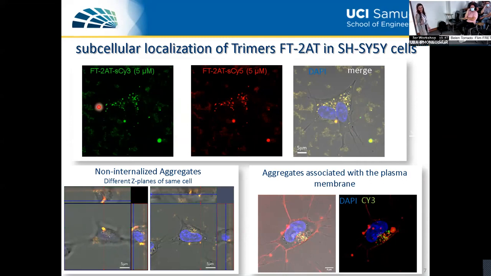After that, we could see that some aggregates are not internalized. Some of them are outside the cell, and here we have a stain of the membrane, and we see some of them interacting with the membrane. In our analysis, we could see that those aggregates that were outside had a different lifetime, so with that we could eliminate the aggregates that were outside the cells.